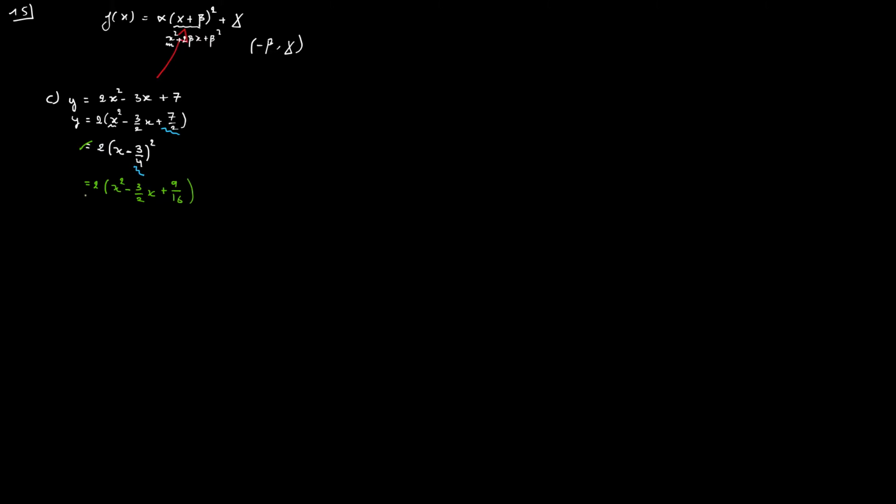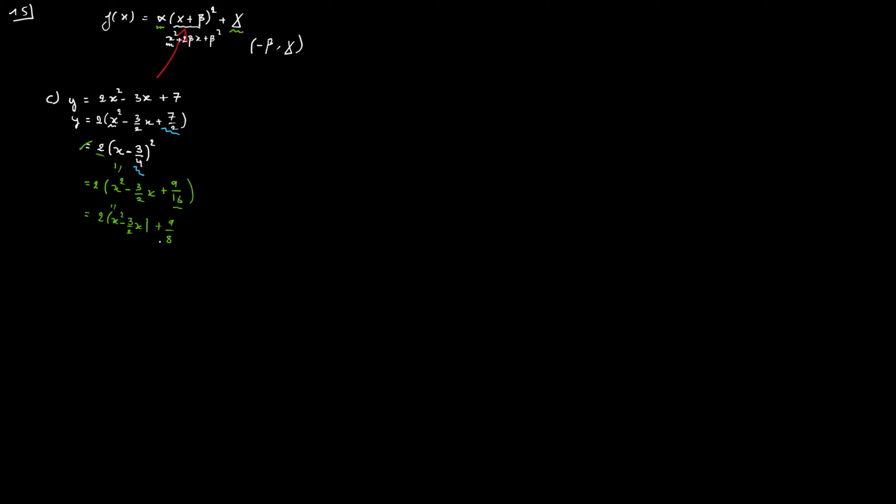Here you have to be very careful, because this 9/16, as you know, is the alpha that we identified before, and it doesn't have an impact on our gamma. So this thing over here we need to work out. We get 2 times x squared minus 3/2x plus 9/8, right? This is just a way of rewriting this thing. So this is equal to that and all of that, but it's not equal to this over here yet.